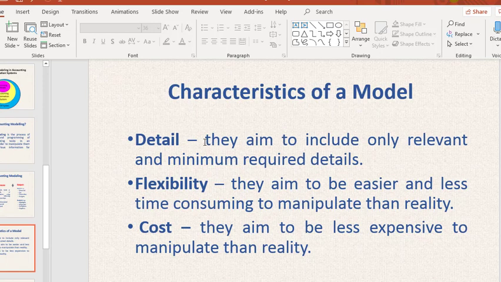Now when it comes to developing an accounting model, it is very important to ensure that the accounting model provides only the required information. You are not going to mess up the accounting model with unnecessary information. You provide only the relevant and required minimum information, then your accounting model can be very smart, very attractive, right?